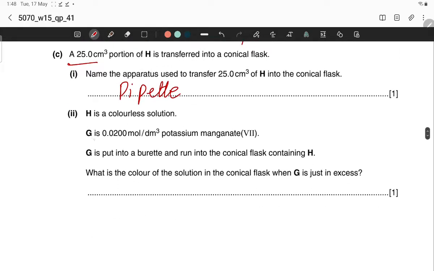H is a colorless solution. G is 0.02000 mole per dm cube potassium manganate solution. G is put into a burette and run into the conical flask containing H. What is the color of the solution in the conical flask when G is just in excess? So this is purple or pink.